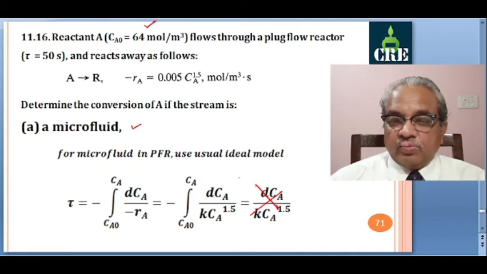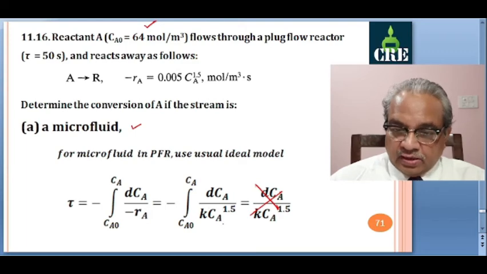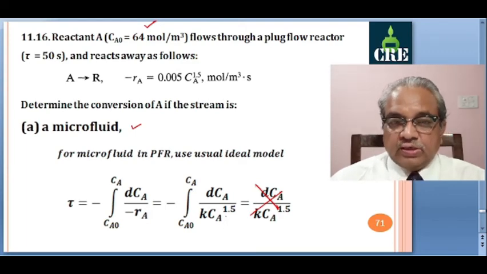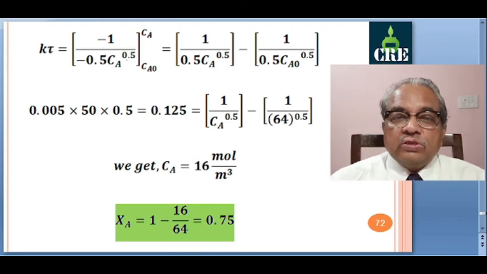If I add 1 to the power, it becomes minus 0.5, so this minus sign divided by minus 0.5 can be transferred to the denominator as Ca raised to 0.5. The minus minus becomes plus, and we do not reverse the order here. So 1 by 0.5 Ca raised to 0.5 minus 1 by 0.5 Ca0 raised to 0.5 equals k tau.